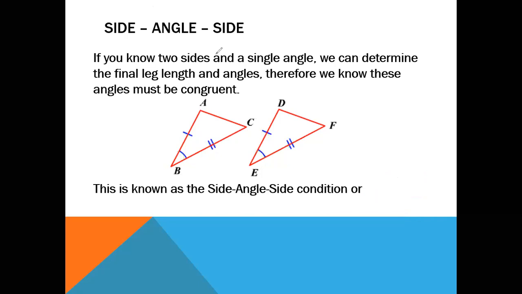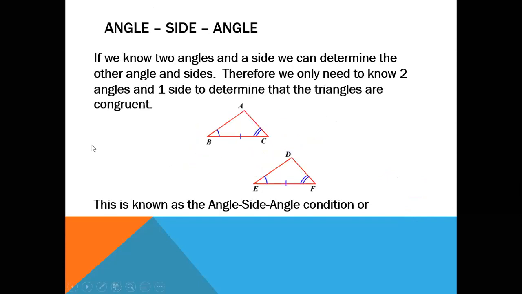Okay. All right, the third way that you can tell triangles are congruent is angle, side, angle. Angle, side, angle. What would be the abbreviation for this one? Anybody? ASA. Good, Riley. ASA. All right.